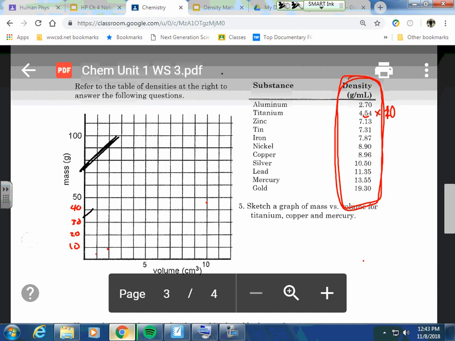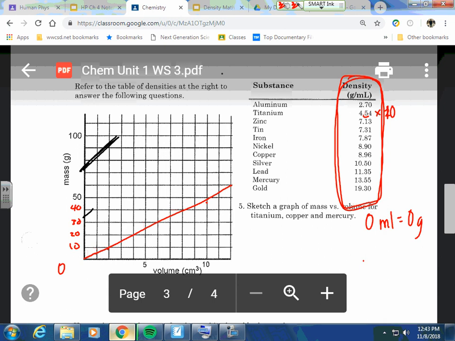Do you think the y-intercept in these density examples should be 0? Gabriel says yes. Why do you say yes, Gabriel? He says that the y-intercept should be 0 because if you have 0 volume, 0 milliliters, you should have 0 mass. Does that make sense? Okay, so that just gave us another point, 0, 0. So I could start here and go through those 3 dots. Forgive me if it's not straight, but something like that. Boom, density of titanium.